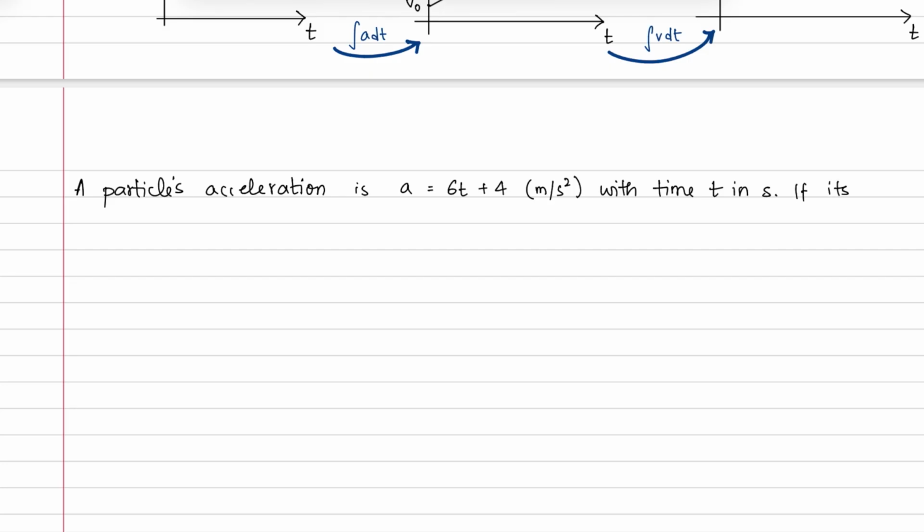If its initial position is given by s naught equal to -1 meters and initial speed is 2 meters per second, find an expression for its position at any time t.